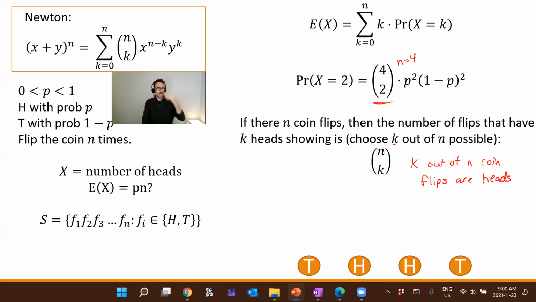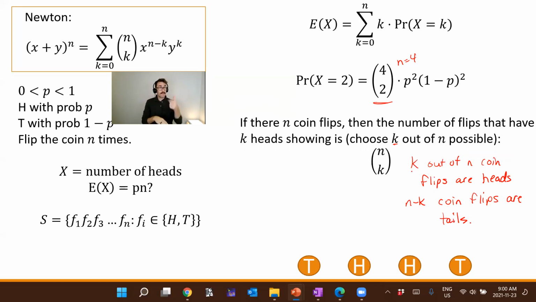Which means that the other n minus k coin flips are tails. All of these coin flips are independent.